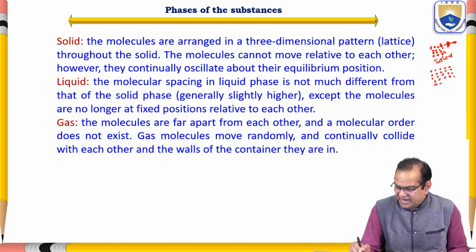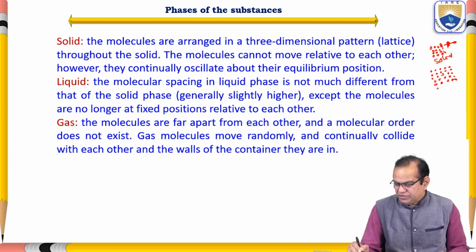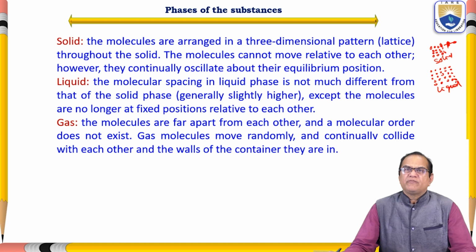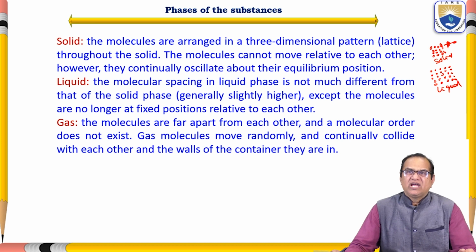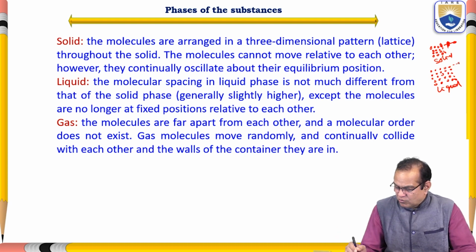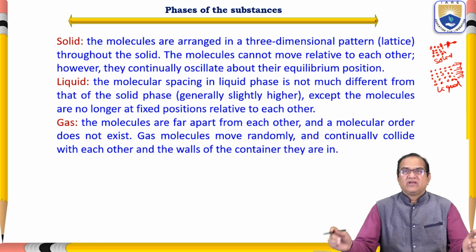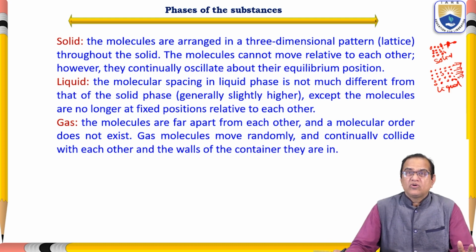It is not randomly positioned. So a liquid is a little more spaced than the solid, except the molecules are no longer at a fixed position. Here the molecules can move in any required direction.